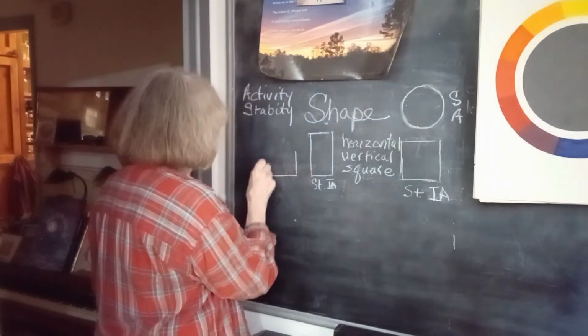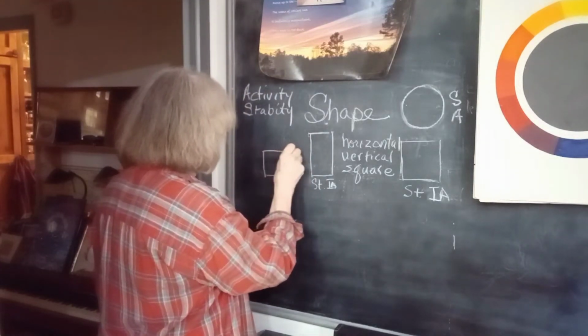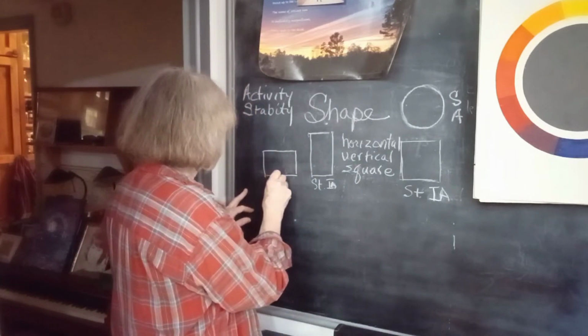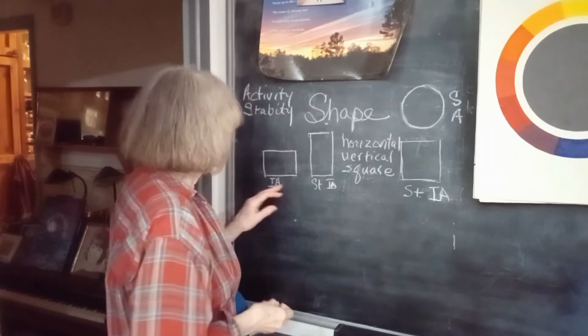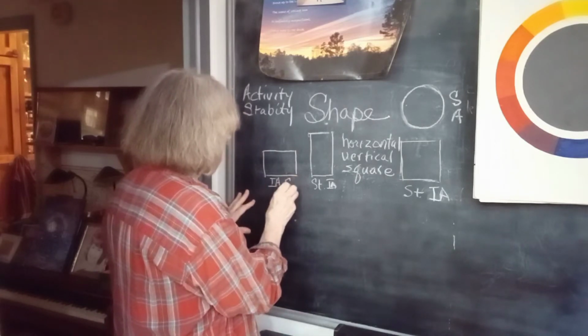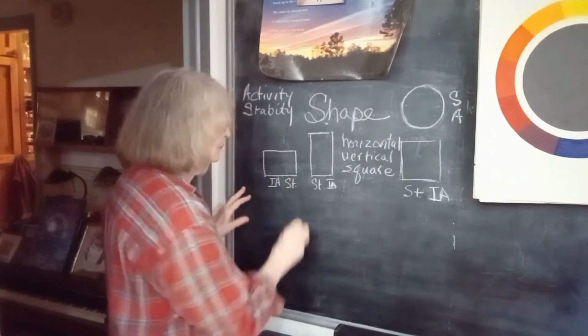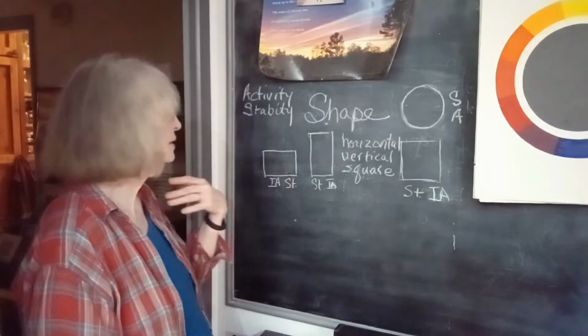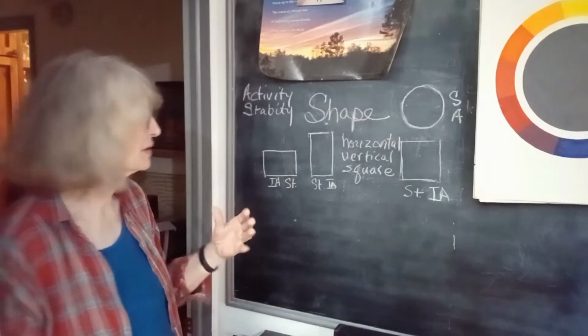The horizontal is the most inactive, and it is also stable. So all of the rectangular pieces are stable and inactive.